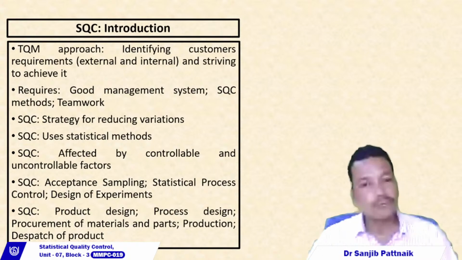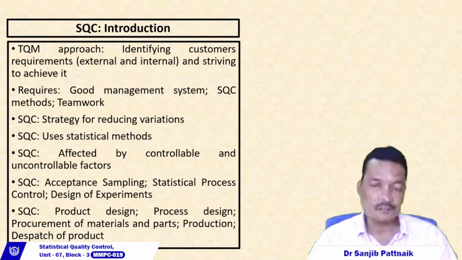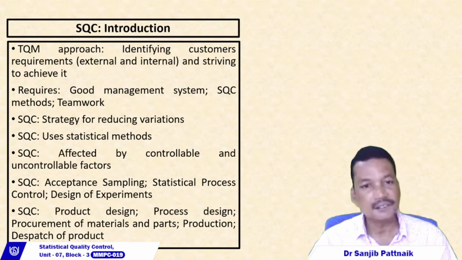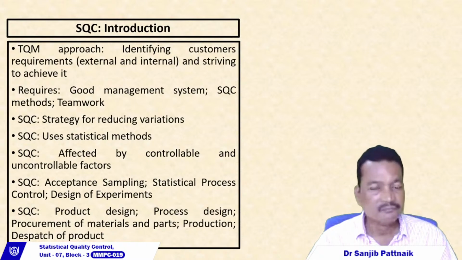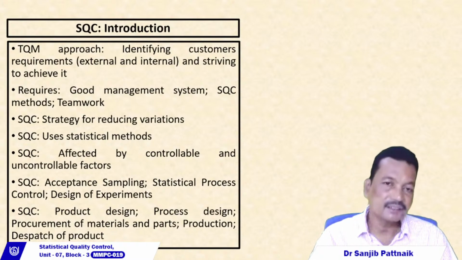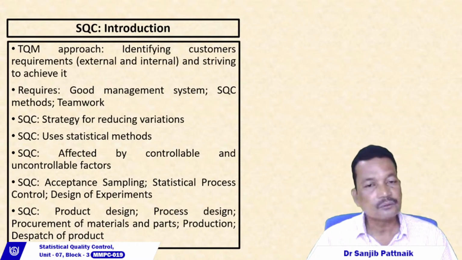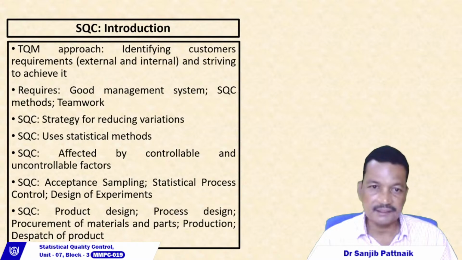Now, who are the internal customers? In the organization, it is not that a single process or a single individual processes the item. The item is processed up to a certain extent and it is passed on to the subsequent processes to be processed further.